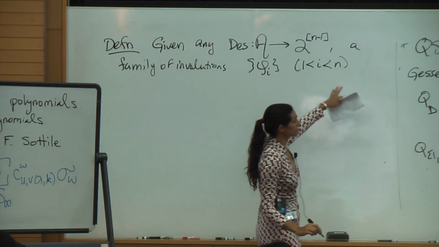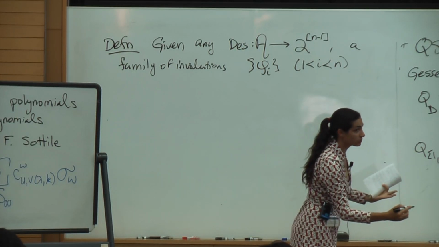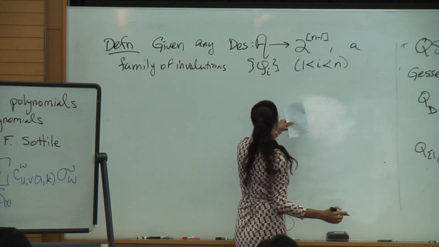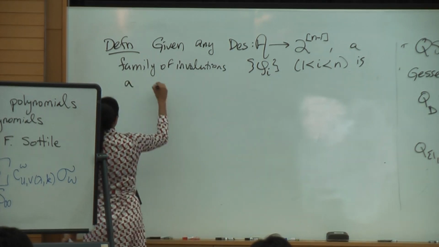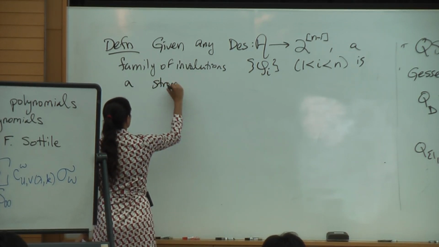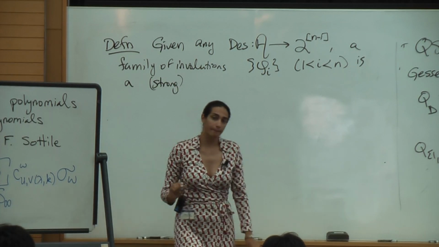And that's just because you need to have i minus 1 and i plus 1, so you don't want to hit the endpoints.